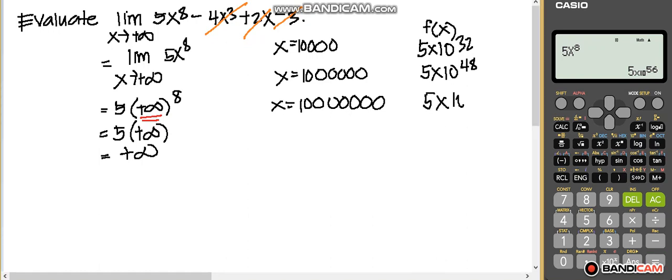So, kung papansinin nyo class, ang trend niya, okay, that as x is approaching positive infinity, the values of f of x also become large or ina-approach din nila yung positive infinity. Kasi habang lumalaki nga yung x, tumataas yung value ng f of x. So, we are right that the limit of 5x raised to 8 minus 4x cubed plus 2x minus 3 as x is approaching positive infinity is positive infinity. So, ito yung sagot.